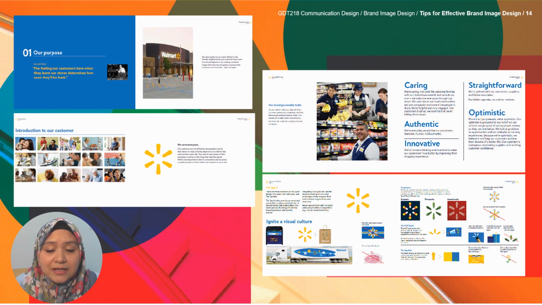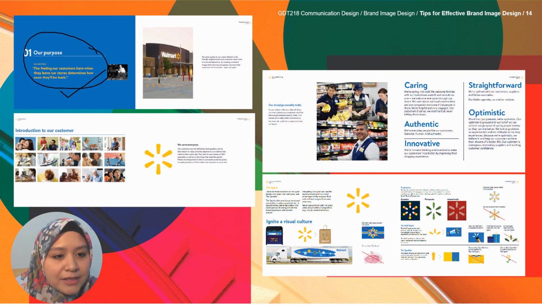Okay, let's have a look at the example here. The effective brand image design by Walmart. As we can see here, they really focus on their purpose: the feeling our customers have when they leave our store determines how soon they'll be back.